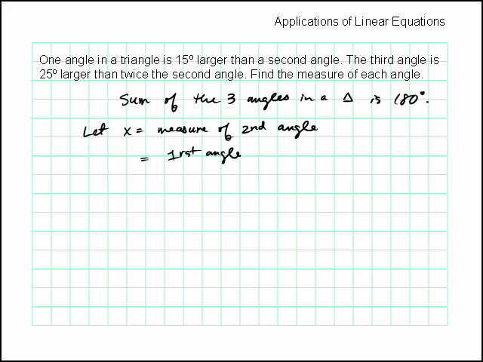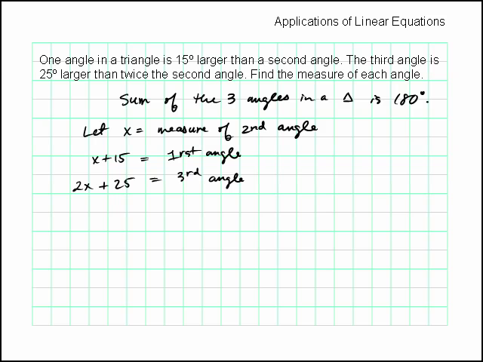That would make this one x plus 15, 15 more than the second one. The third angle is 25 degrees larger than twice the second. So that would be 25 plus 2x.